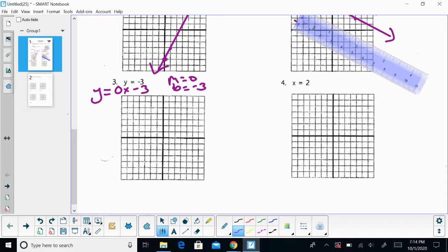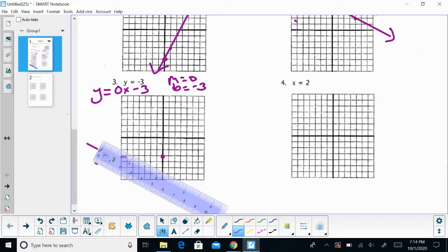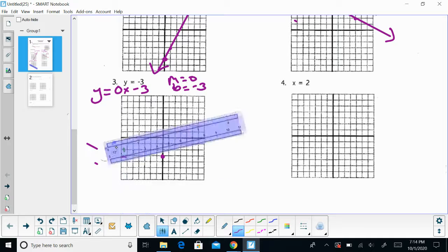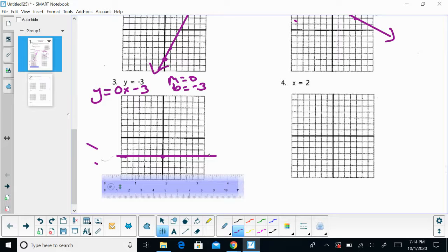See how my slope is 0? So I'm going to go to negative 3 on my axis, 1, 2, 3. And if my slope is 0, I know that's a horizontal line, so I will bring my little ruler over. There it is. Draw my horizontal line, 2 arrows on the end.